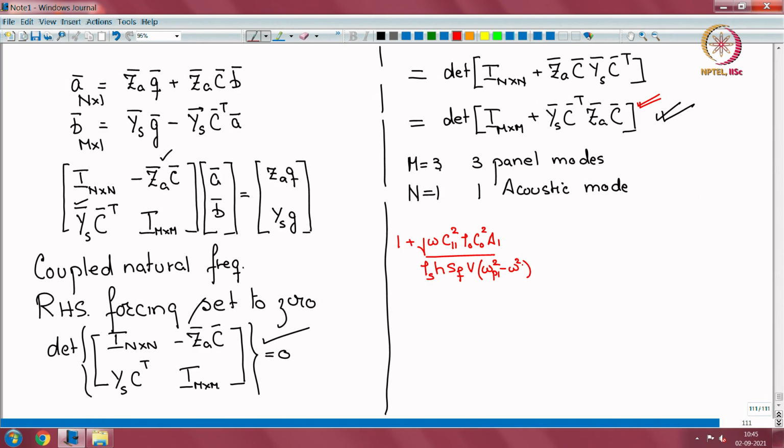Omega p1 is the first panel uncoupled resonance value.